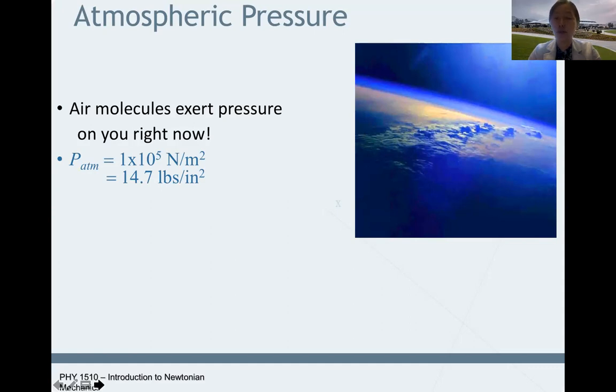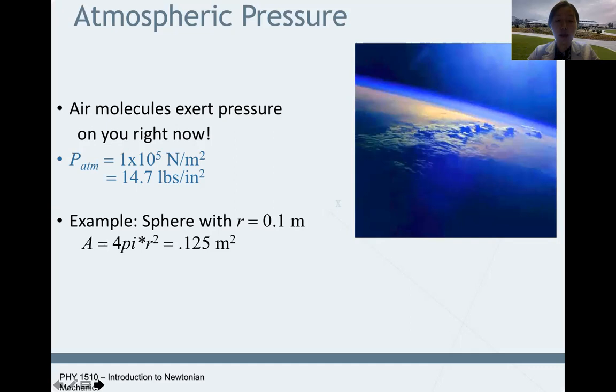So we just say, well, okay, roughly 10 to the power of 5. And if you convert that to pounds per square inch, that's 14.7 pounds per square inch. So think about the surface area of your body. On every square inch of your body surface, you feel 14.7 pounds of pressure coming from the atmosphere.